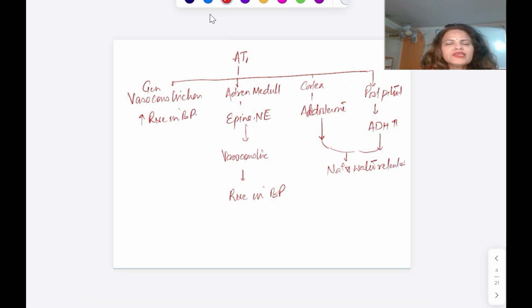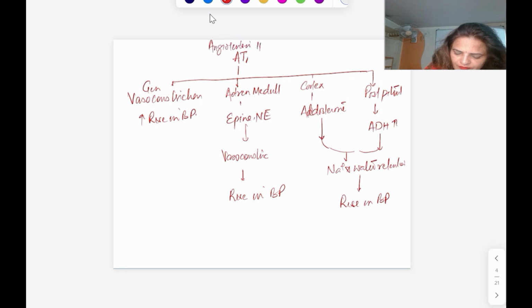So this is going to increase the blood volume, and there is a rise in blood pressure. So these are the actions of angiotensin 2 by activating the receptor AT1.